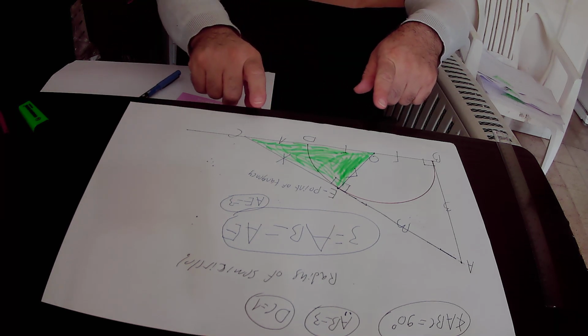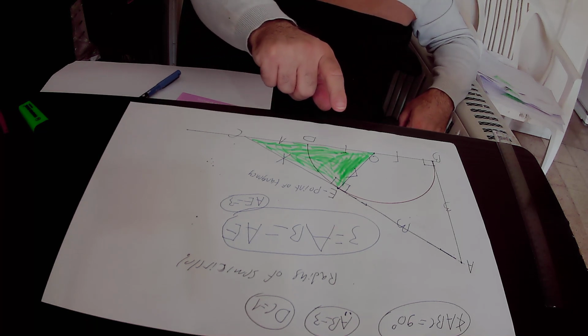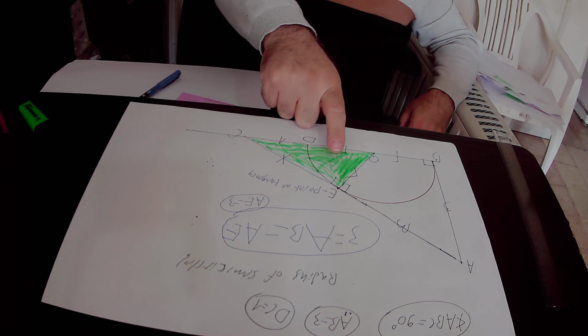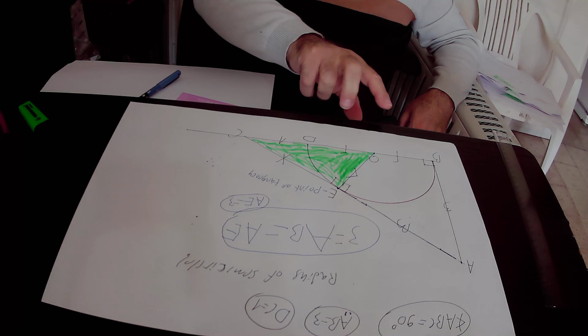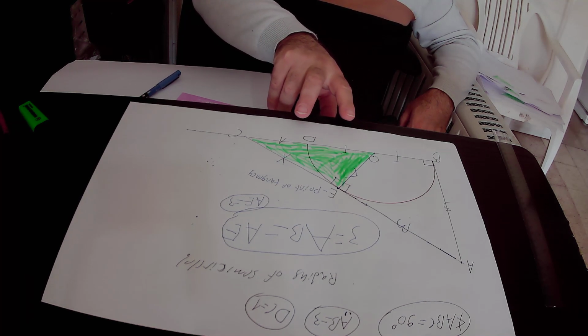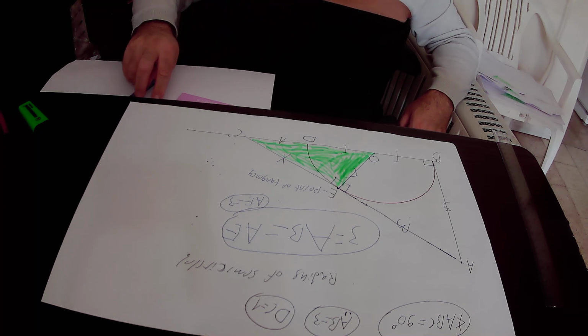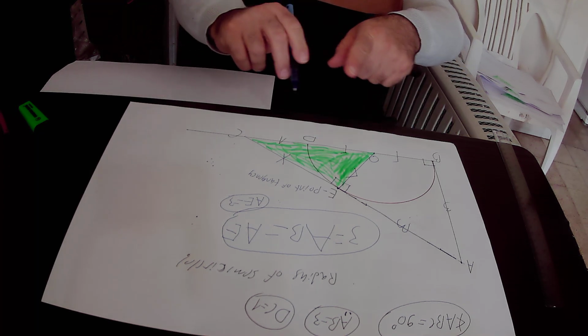Side OC is the hypotenuse because it is located in front of the right angle. Therefore, OC is the hypotenuse of this green right triangle. So the square of the hypotenuse is actually OC square.